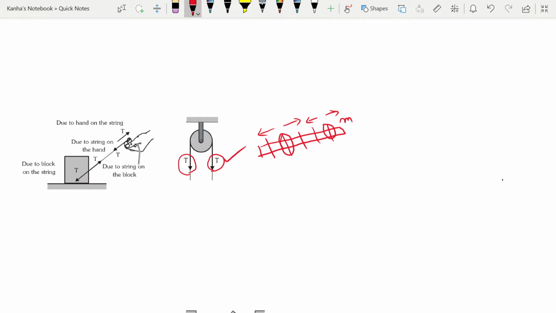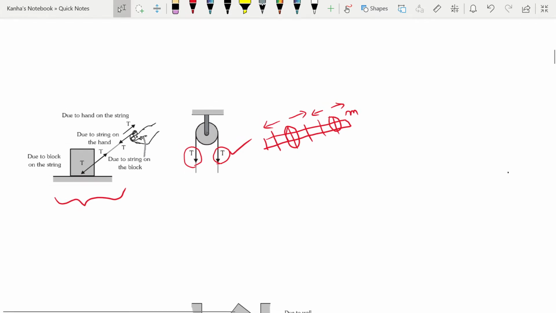Now we use Newton's third law to study what is happening here. Let me just draw the different forces that are there. So in the above case, I have a block with its weight acting downwards, and there is a tension.